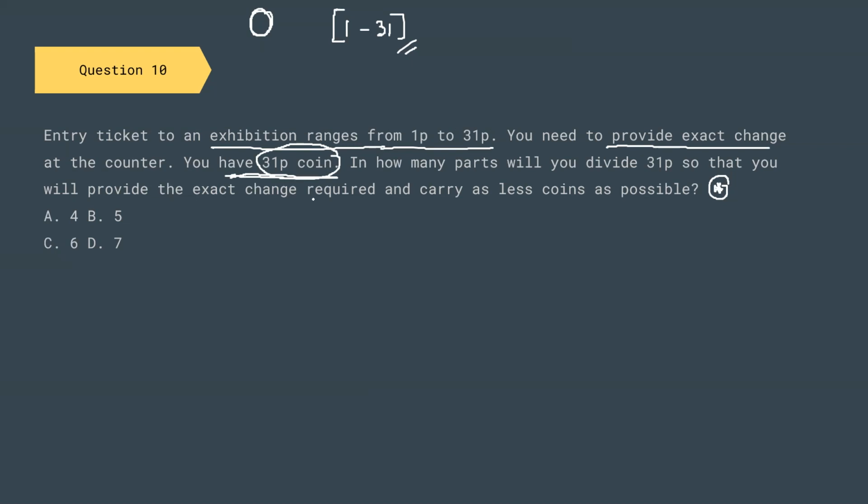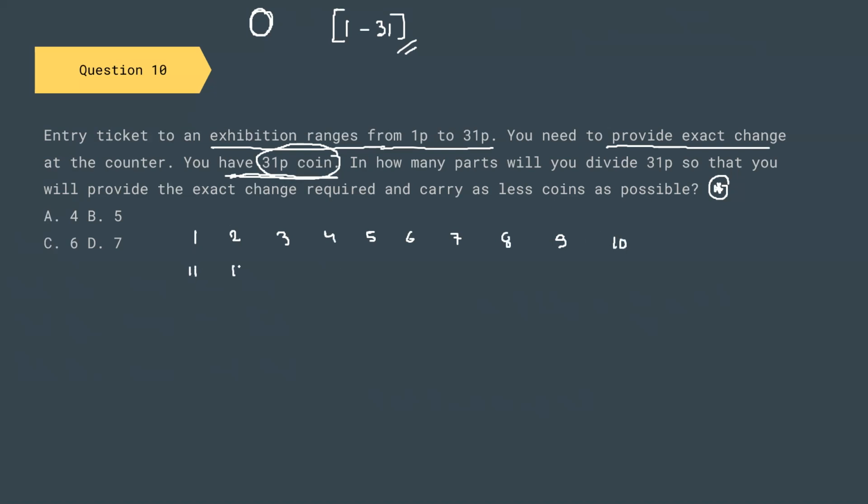You have to decide on the possible denominations of the coins so that you can give the exact tender at the counter. So let us imagine the possible range of values. We can have 1, 2, 3, 4, 5, 6, 7, 8, 9, 10.